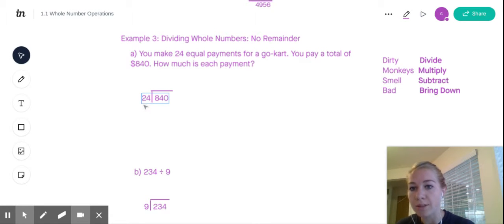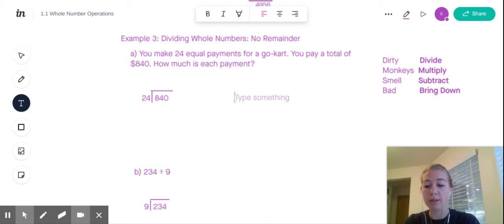I know that I'm going to be working with multiples of 24. So I'm actually going to type out my multiples of 24 so it's a little bit easier later on. The first multiple would be 24. 1 times 24 is 24. 2 times 24, or 24 plus 24, is 48.